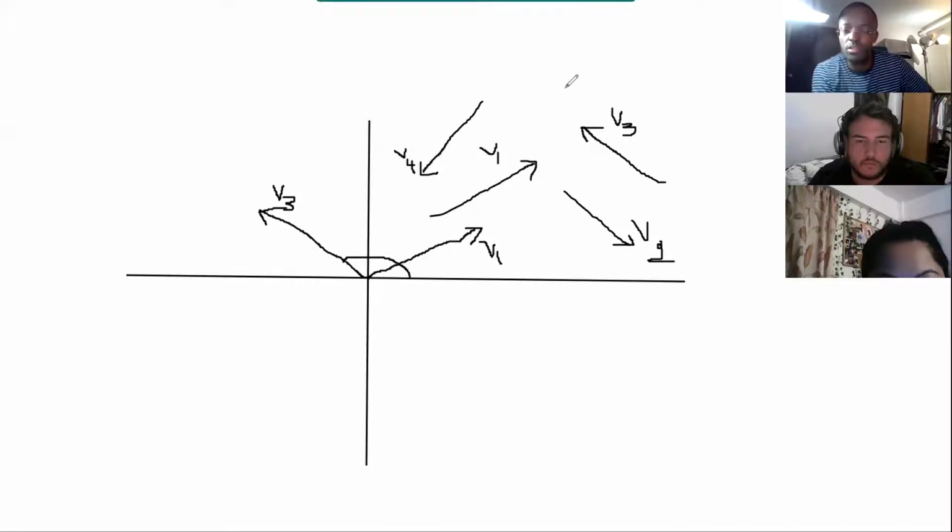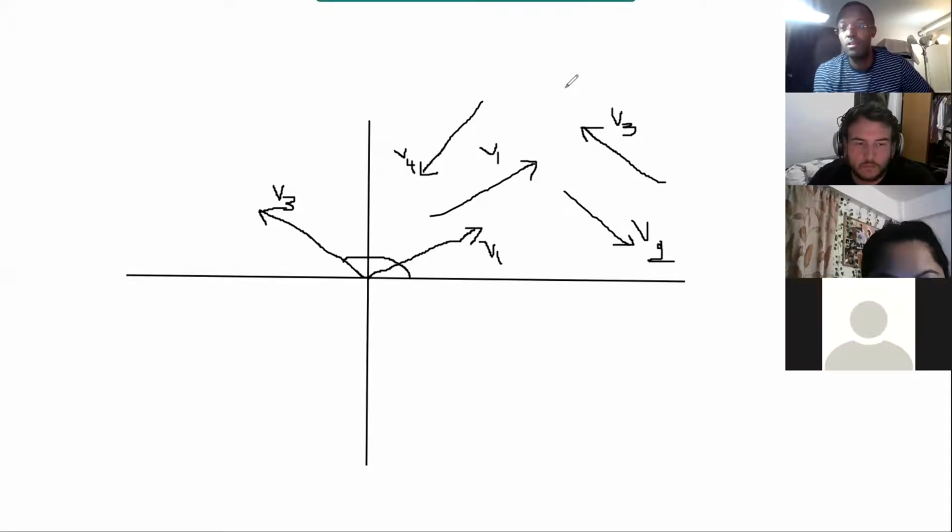Toward which quadrant is it pointing? Third, yes, that's correct. Third quadrant. Therefore, the arctangent function, or inverse tangent function, will not give you its direction.